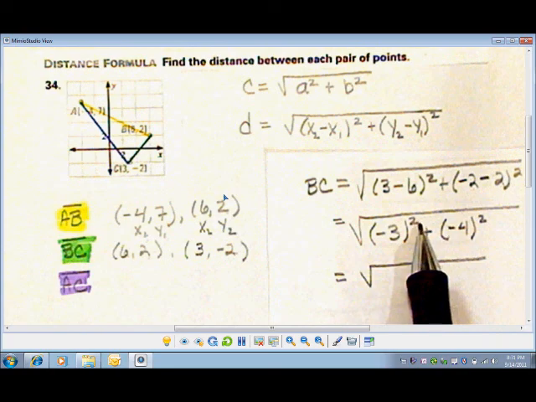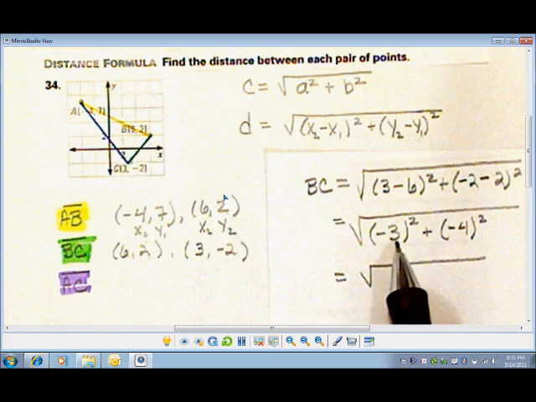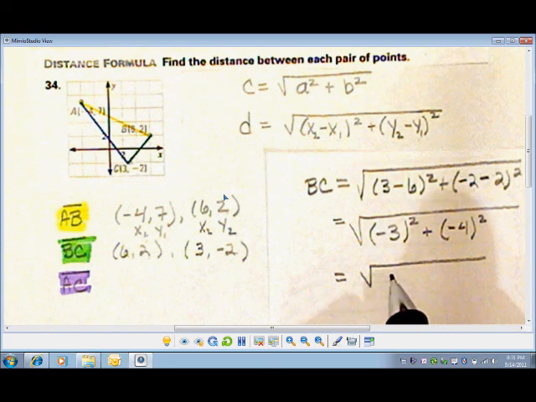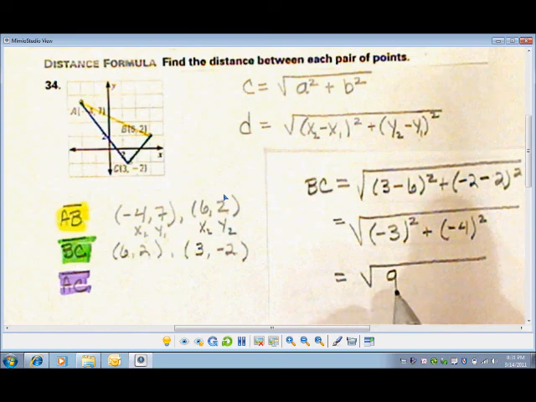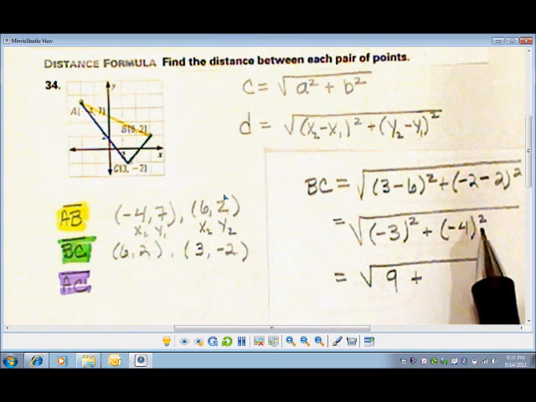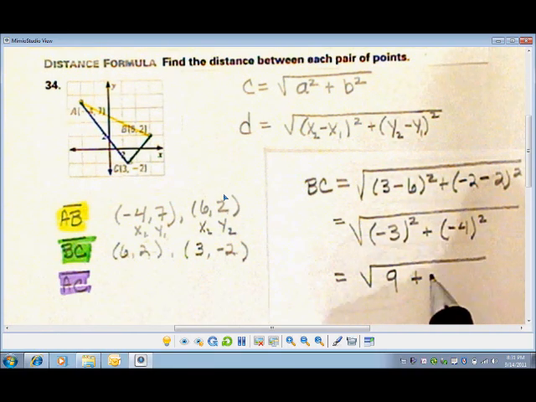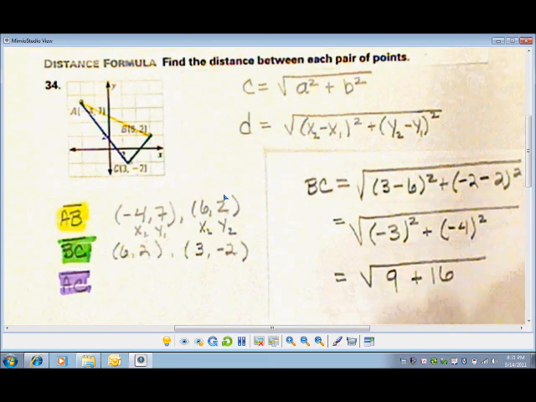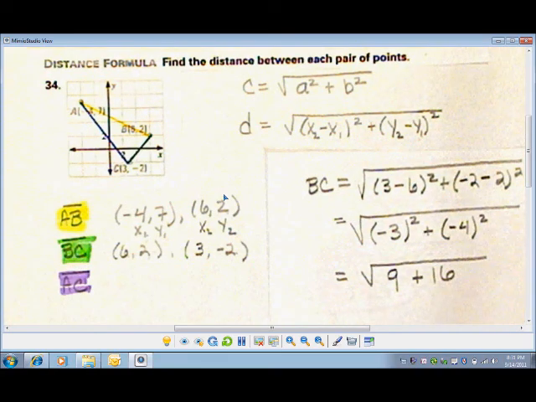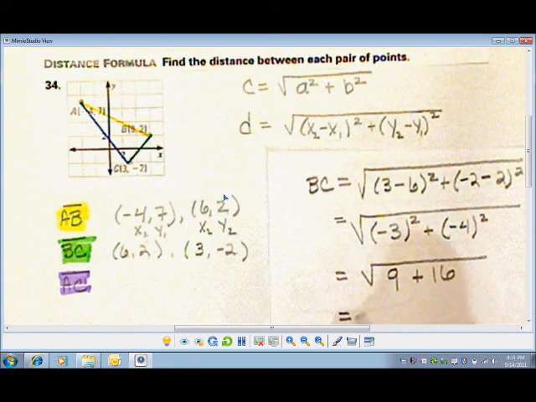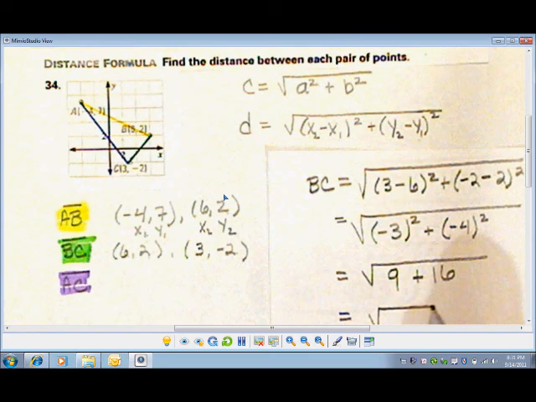Negative 3 squared is the same as negative 3 times negative 3, which is 9, plus negative 4 squared, that's the same as negative 4 times negative 4, which is 16. Well, that's 25.